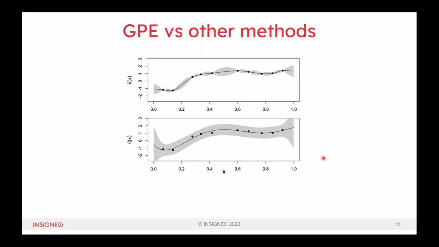Now, this slide shows quite clearly the difference between the Gaussian process emulator and other interpolation techniques, also nonlinear interpolation techniques. The main point here is that the Gaussian process emulator gives you an error which is 0 on the training dataset, and the training dataset here is identified by these black dots.